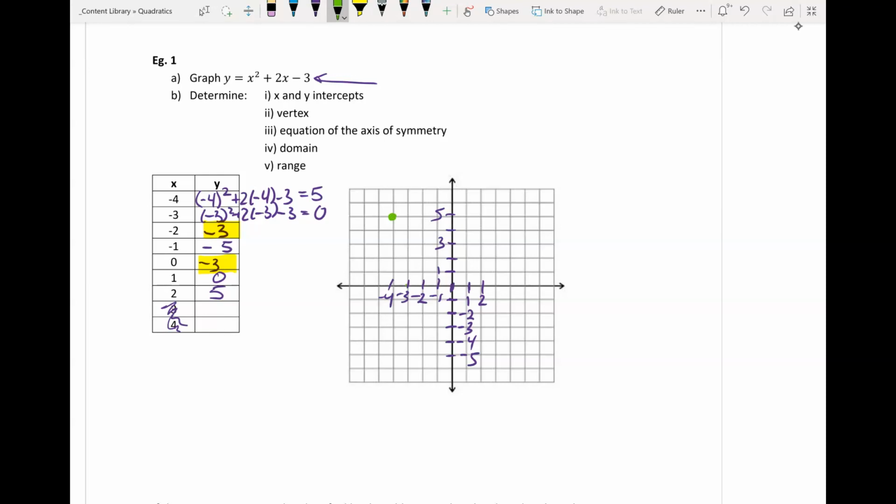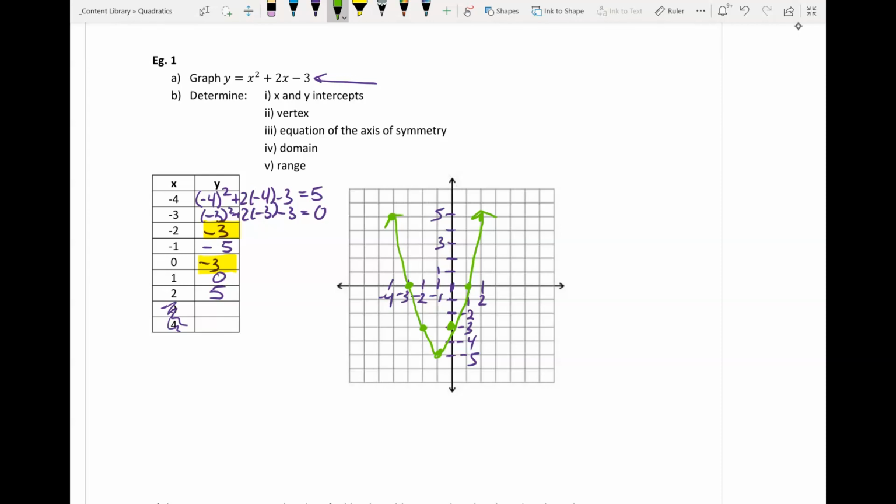Then we have -3, 0, -2, -3, -1, -5, 0, -3, 1, 0, and 2, 5. So we're going to connect our points and add arrows on each end.